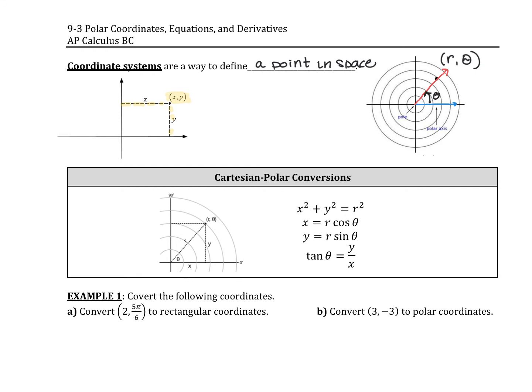Now, this particular point in my coordinate system, and I'm going to go ahead and erase all that I've drawn, could actually have multiple names.